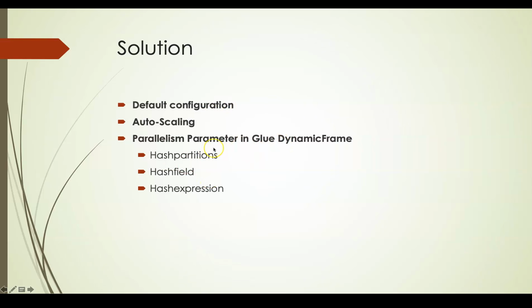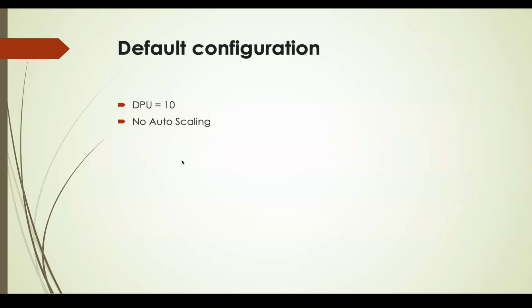So we're going to learn all of them, and we talk about what a DynamicFrame and a DataFrame are, but we are not looking to go deep, because here I'm just looking to cover how you can enable parallelism by using hash partition. But I will try to provide sufficient information for you to distinguish between the DynamicFrame and your DataFrame.